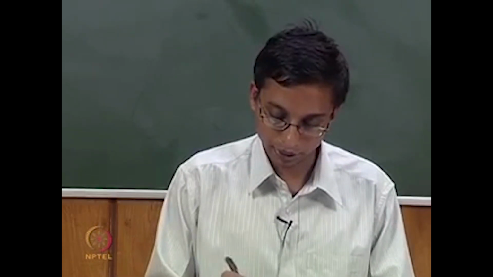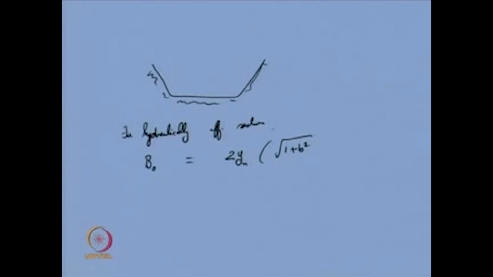Okay, the solution for this particular problem as suggested. This is the trapezoidal section. We have already seen that for a hydraulically efficient section, your B0 or the channel bottom width should be equal to twice the normal depth into root of 1 plus m squared minus m.